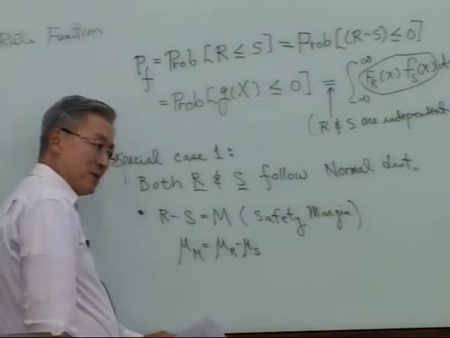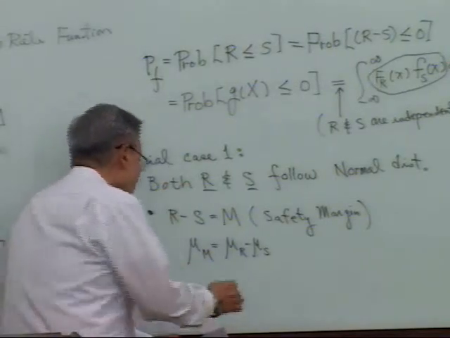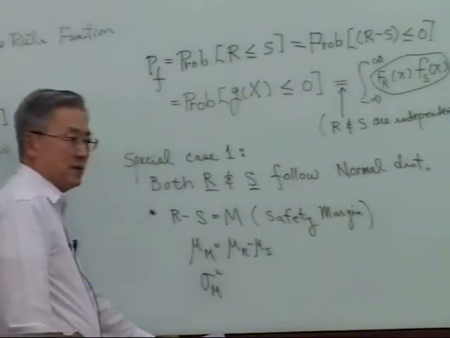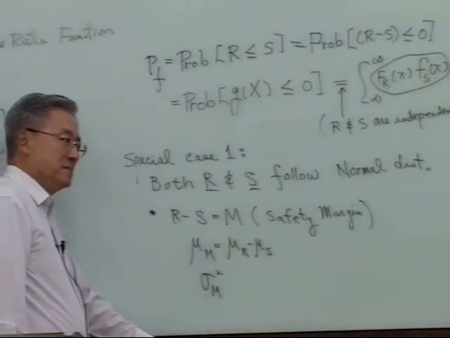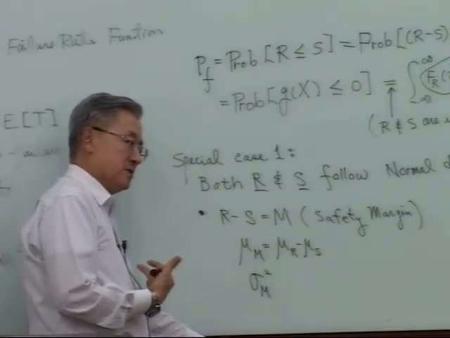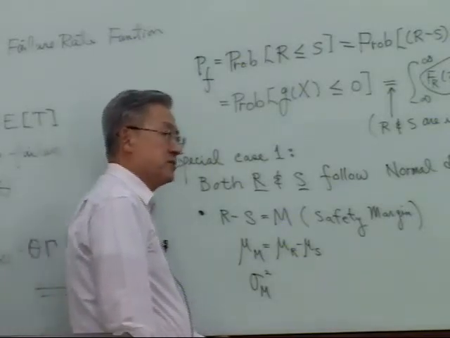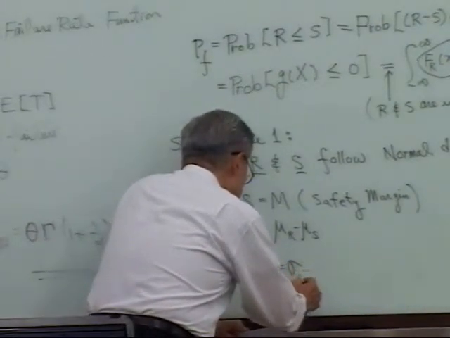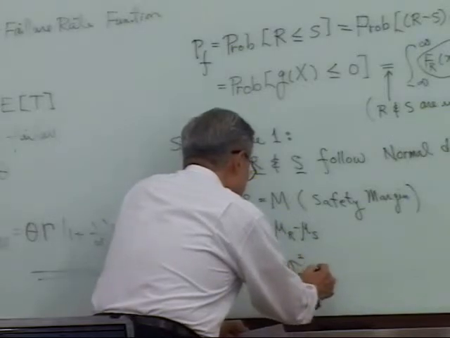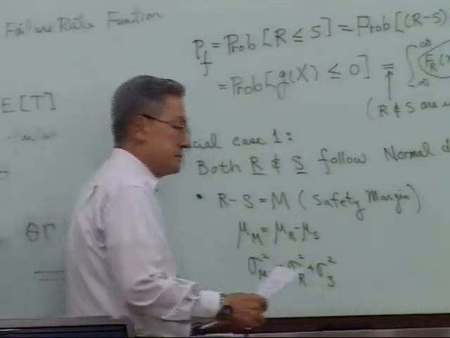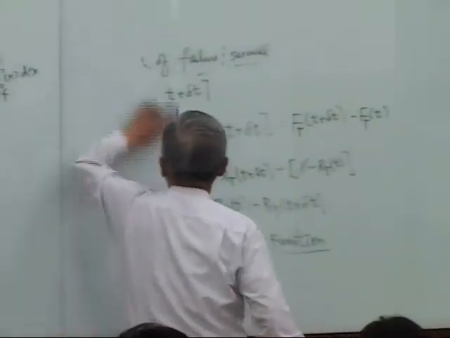We have done all this, right? And sigma_M squared, what is it? The variance of M, or the square of the standard deviation of M, is equal to sigma_R squared plus sigma_S squared. This is the special case for the normal distribution.